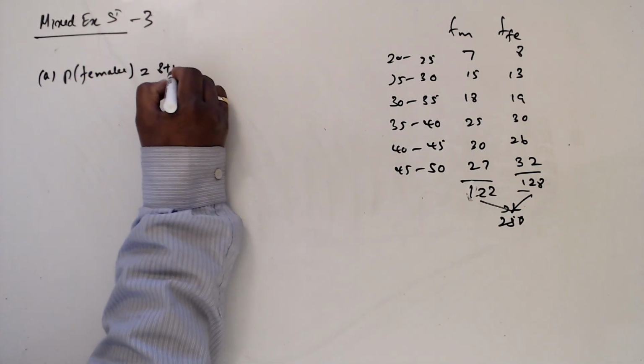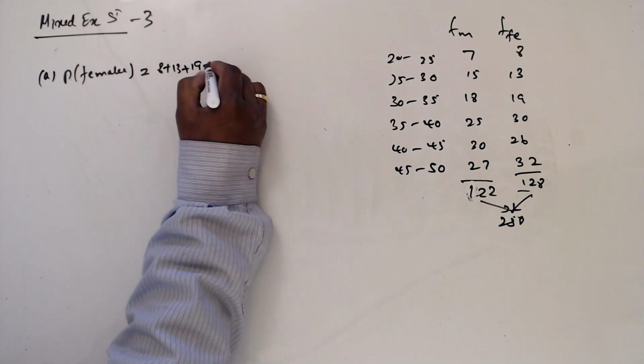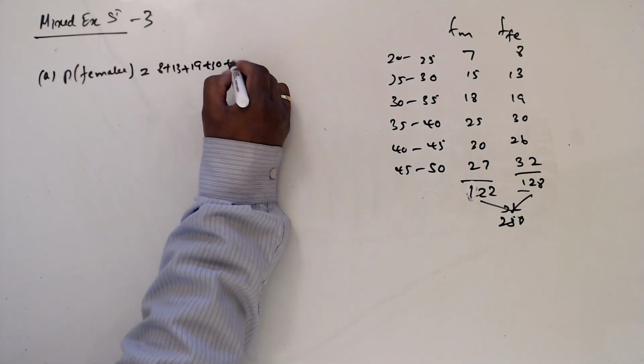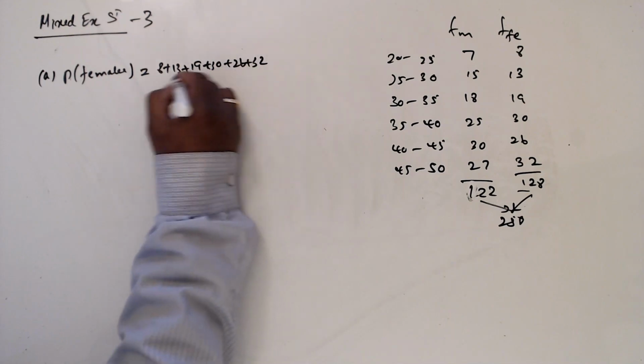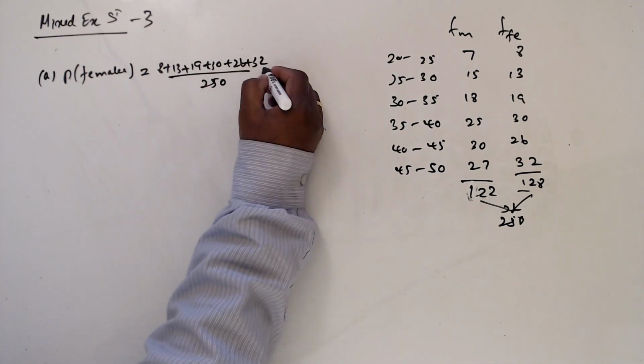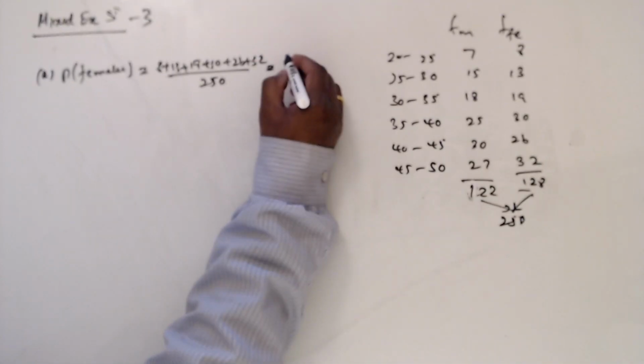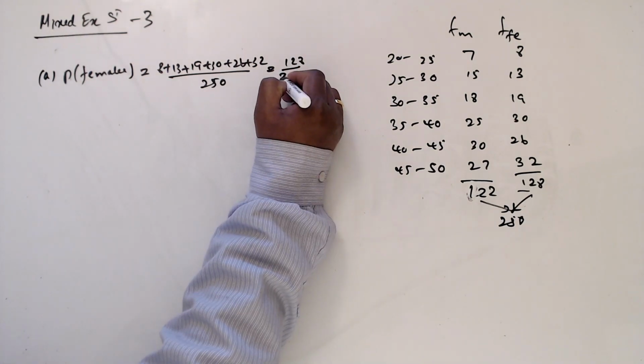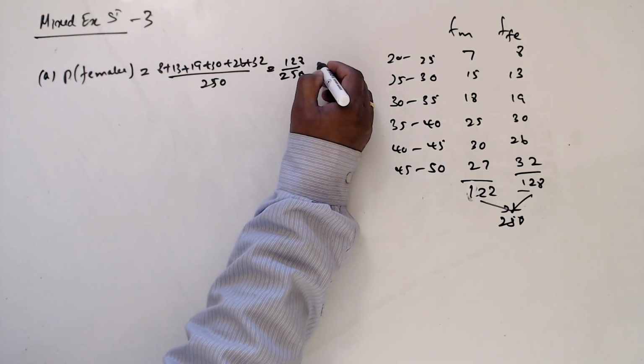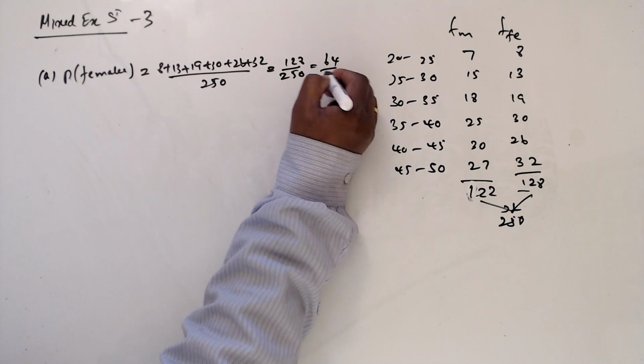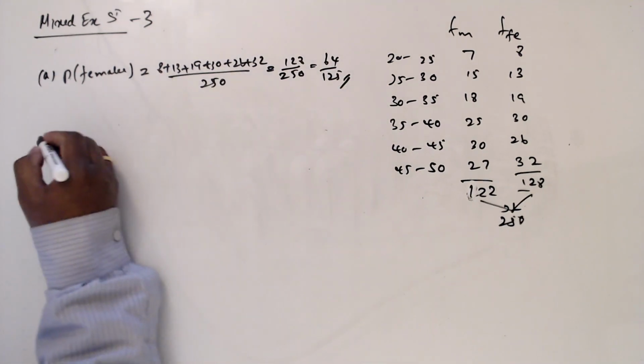We'll write 8 plus 13 plus 19 plus 30 plus 26 plus 32 over total number of students. So this is going to be 128 over 250, that is 64 over 125.